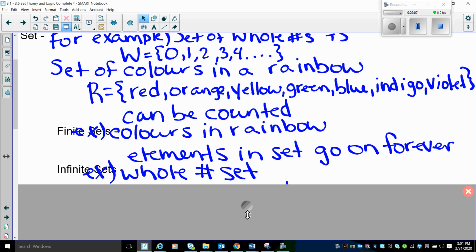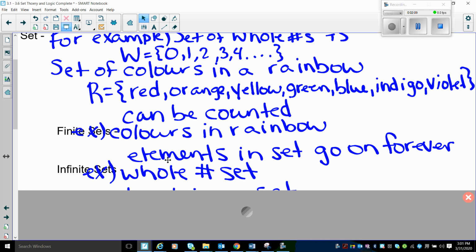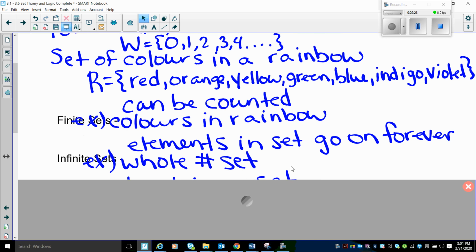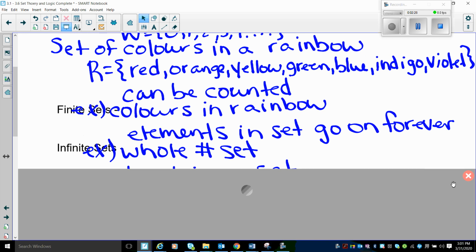An infinite set is the opposite. This is when you would see no end in sight to what was in your set. The whole number set that I did in the first example would be an example of that, because we can keep counting on to infinity, starting from 0. We can't really get a full count on that, so it goes on and on forever.